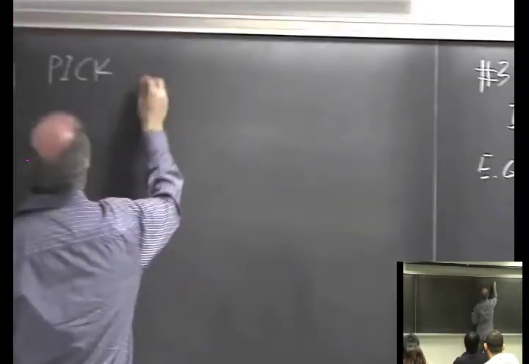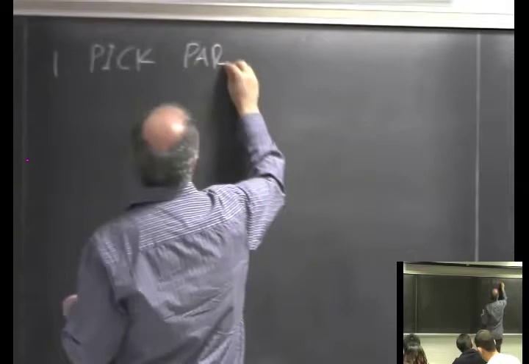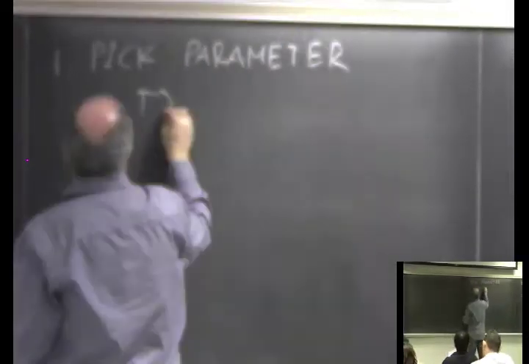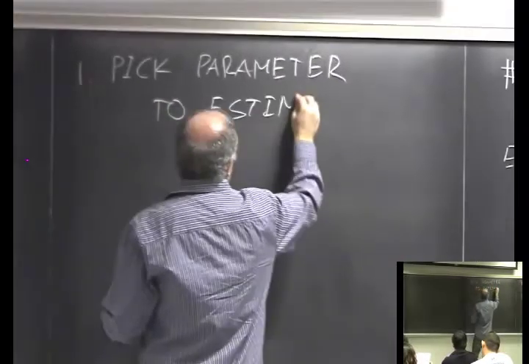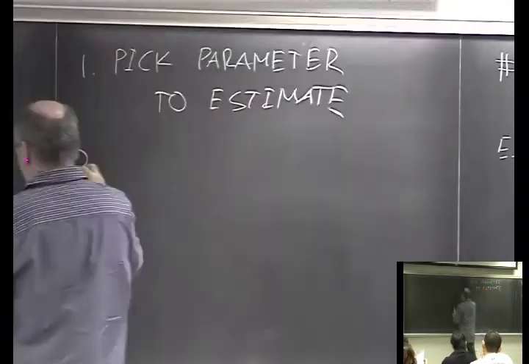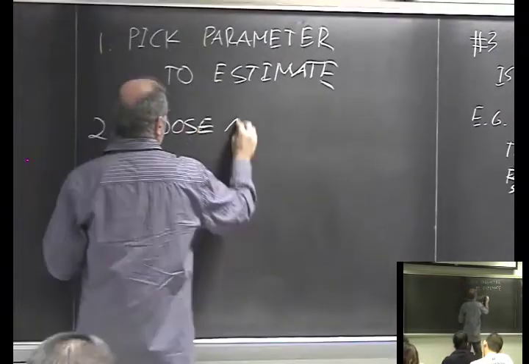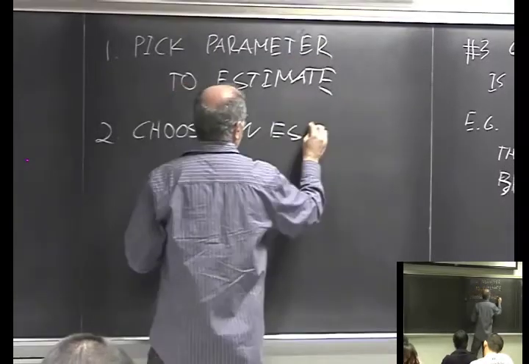Okay, the general way of doing things to solve these three problems and other related problems that are not discussed here but you may come across is 4 steps. Step 1 is pick the parameter to be estimated. Step 2 is choose an estimator. I'll explain all of these one at a time.